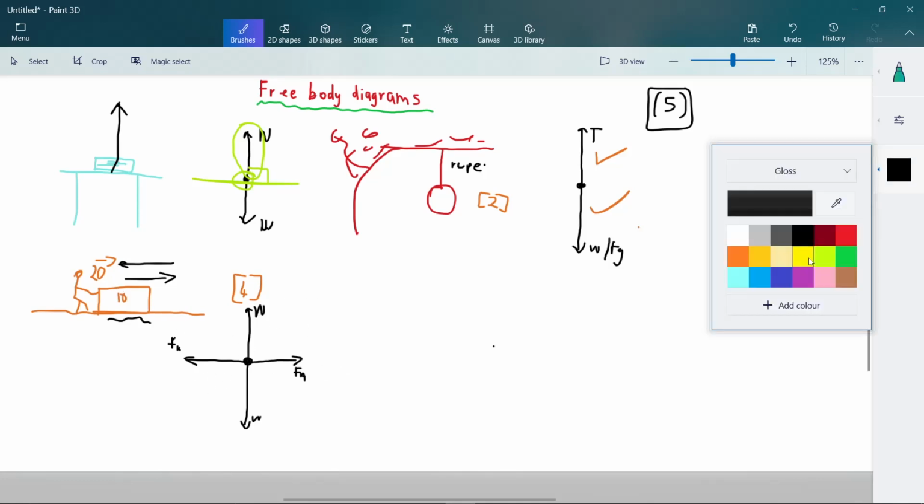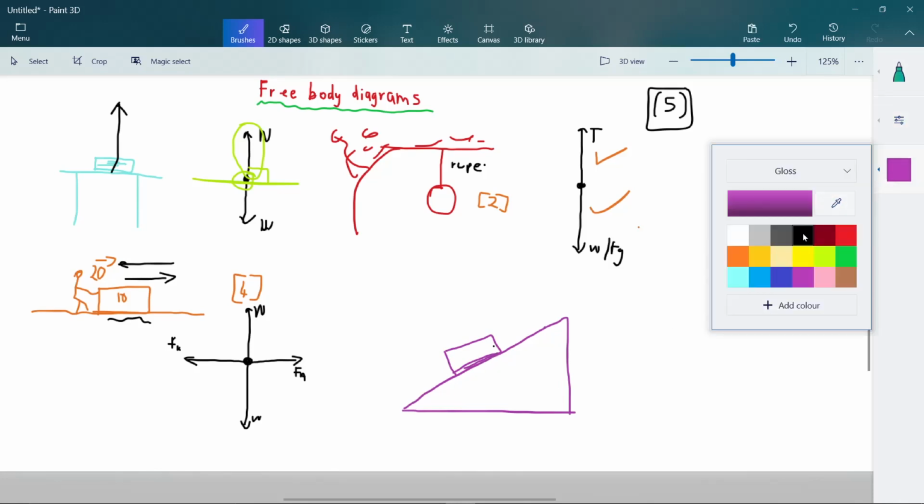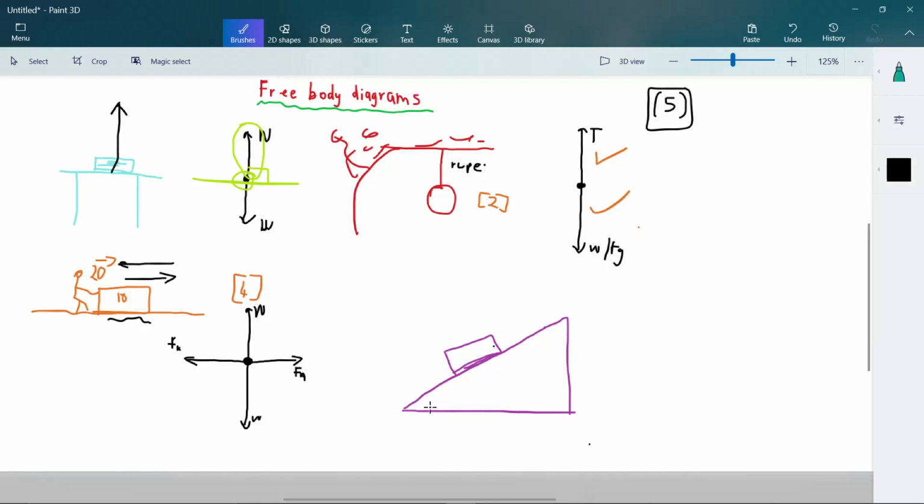Now let's look at another example. This one will be a bit more complex. Let's say you are on an inclined rough surface, and you have got yourself a crate right there. Excuse my drawing. And they say draw a free body diagram of that crate. Let's say this angle is 30 degrees.